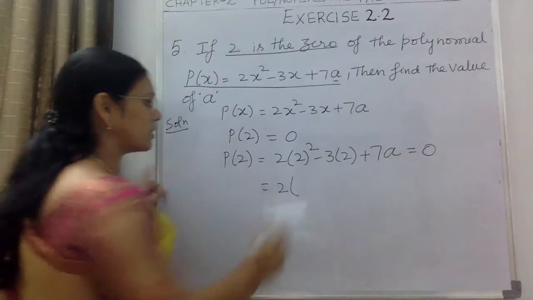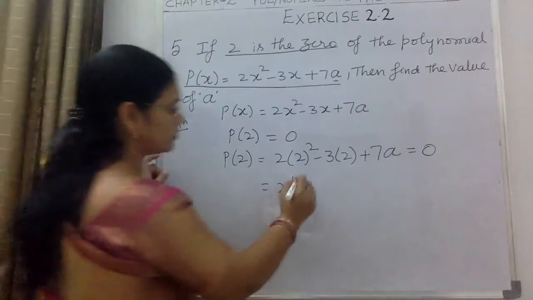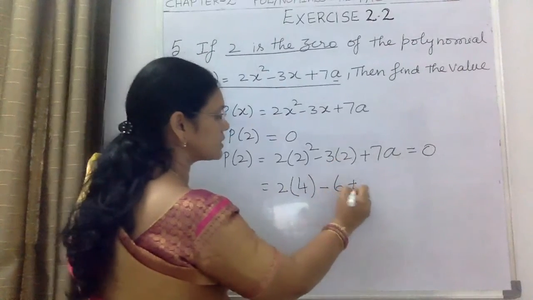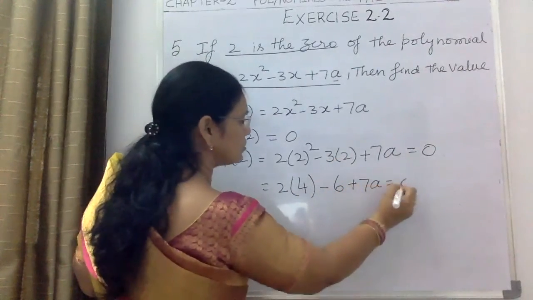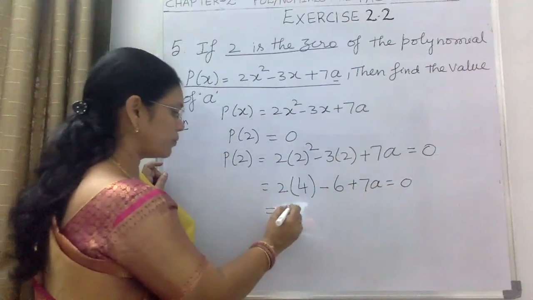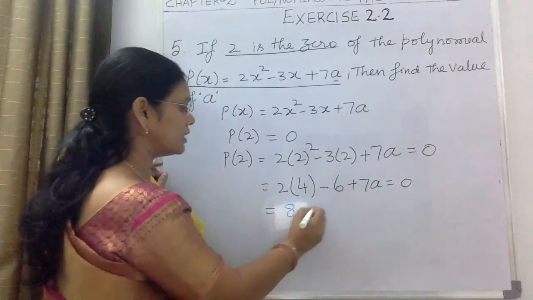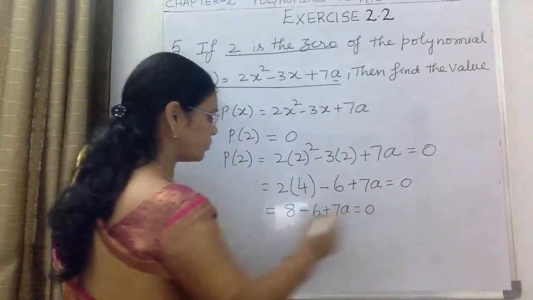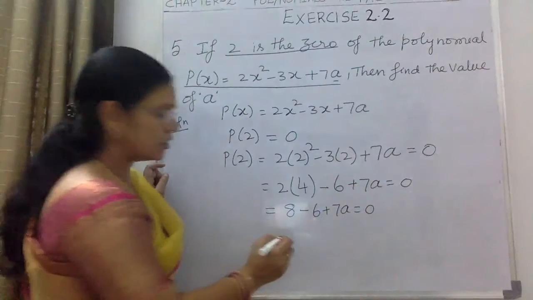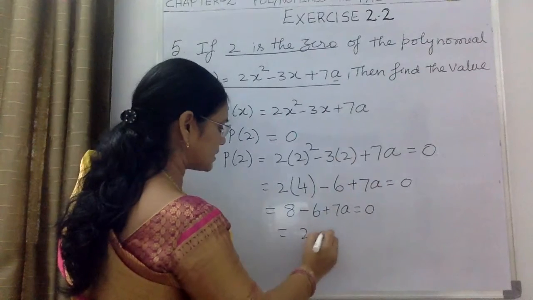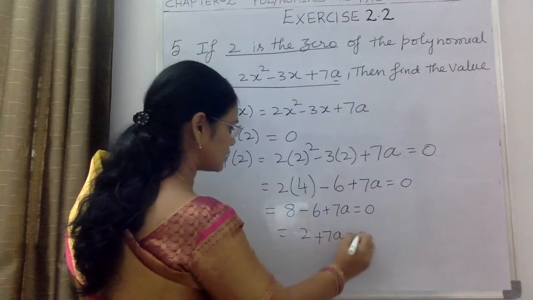2 square, how much? 4. Minus 3 into 2, 6, plus 7a is equal to 0. Tell me, children, 2 into 4, okay, 8 minus 6 plus 7a is equal to 0. 8 minus 6 is how much? 2. So 2 plus 7a is equal to 0.